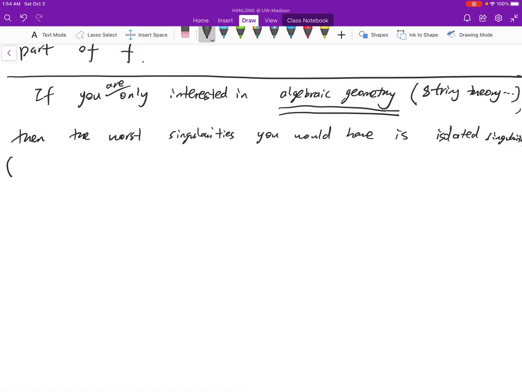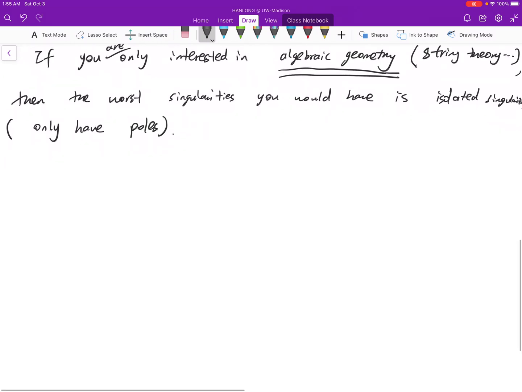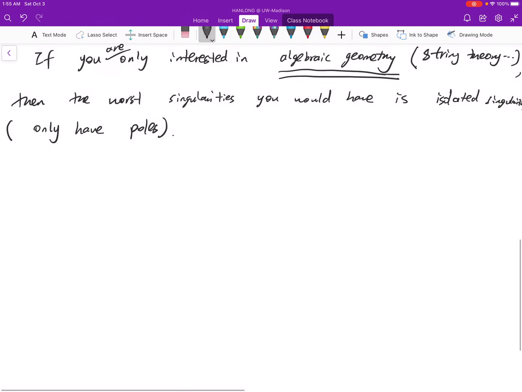Actually, later on we will introduce a special case, a subfamily of isolated singularities called poles, and actually we will only have poles in number theory or whatever. You will only have those special functions.